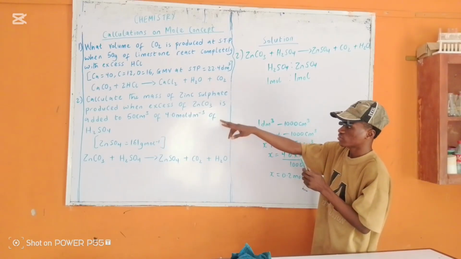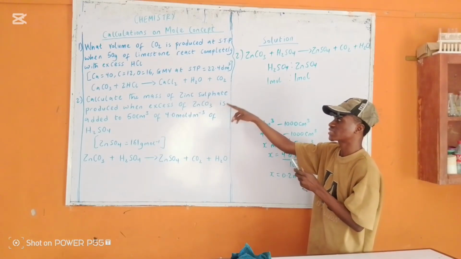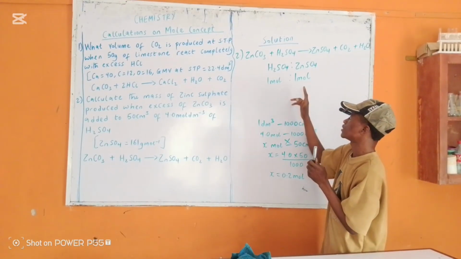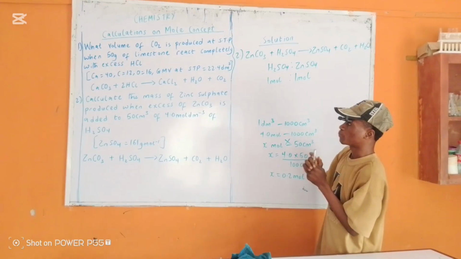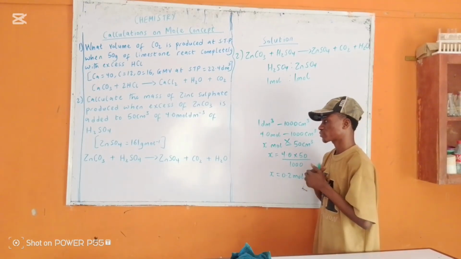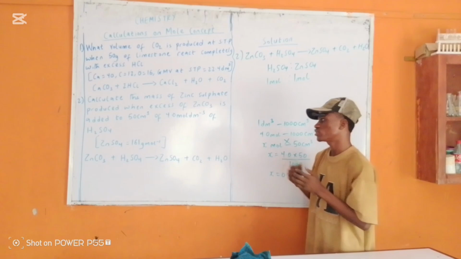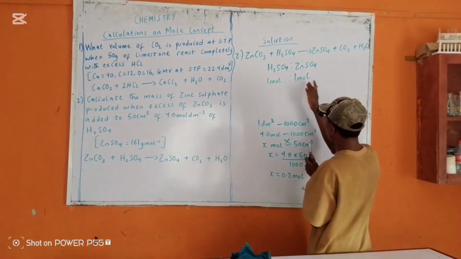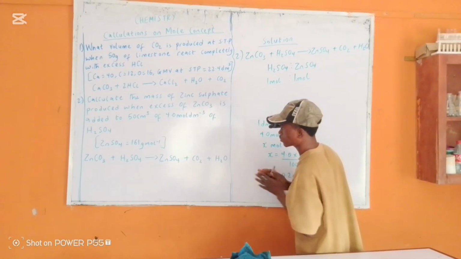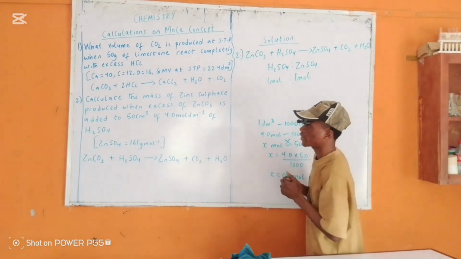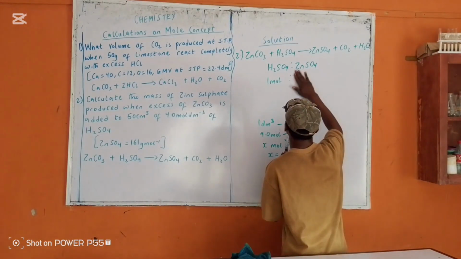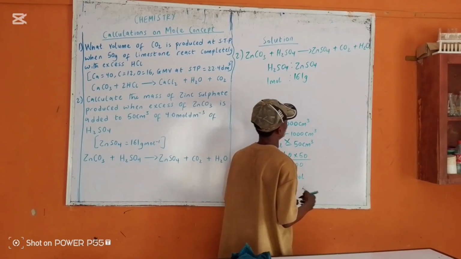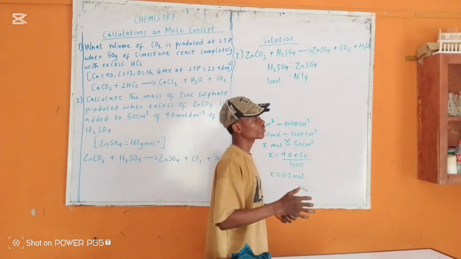The question says calculate the mass of zinc sulfate. So we are calculating zinc sulfate in mass, not mole. We are already given the mass of zinc sulfate to be 161 gram per mole. So 1 mole of zinc sulfate weighs 161 gram. If you write gram per mole, it's still correct.